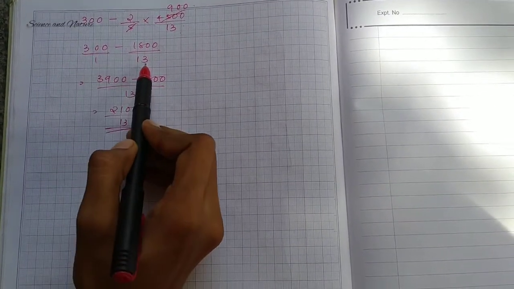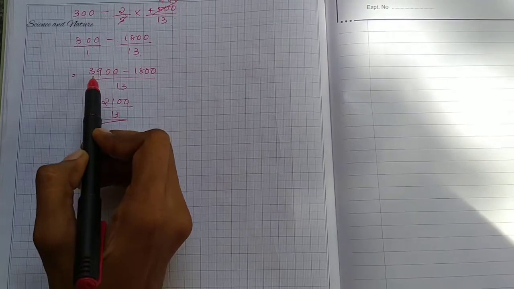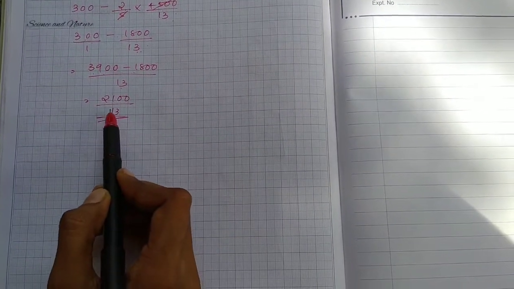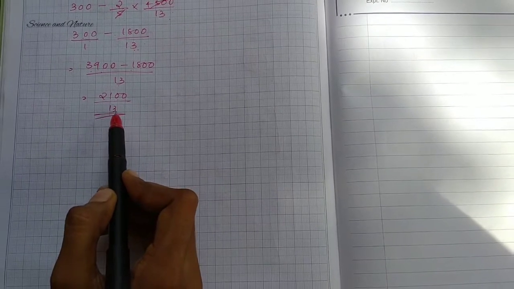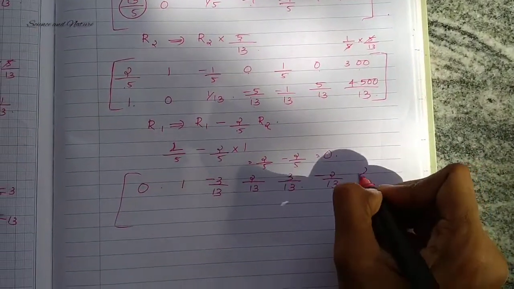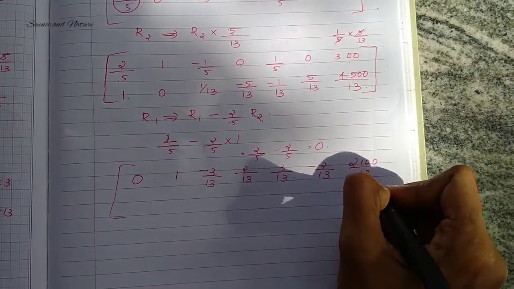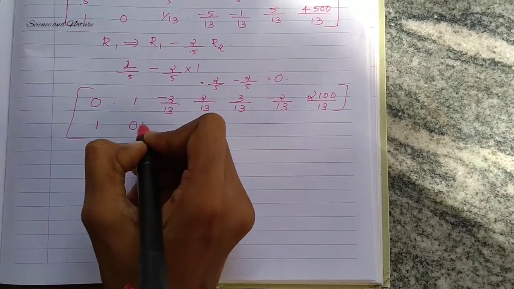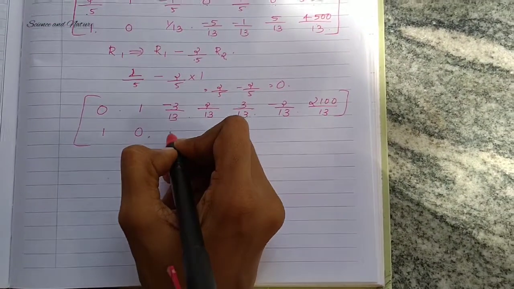That is 13 into 300, that is 3900 minus 1800 divided by 13, which is equal to 2100 divided by 13. R2 has no change.